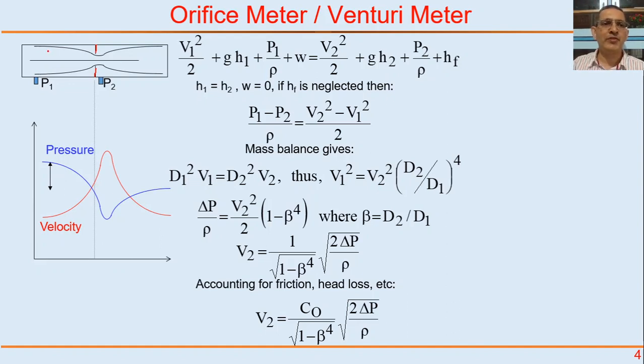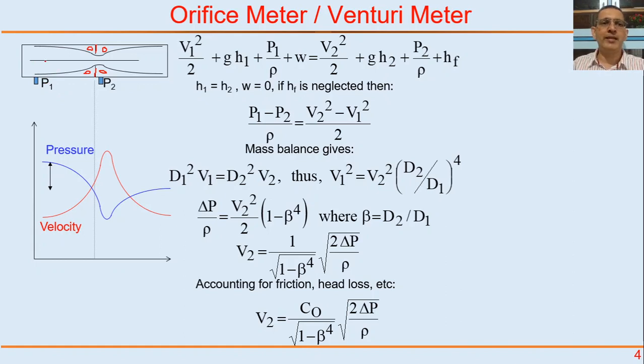And the streamlines become like this, and these vortices are formed here, and those rotating packets of fluid, vortices, cause pressure drop. And what we measure is the pressure difference between somewhere here and just downstream of the orifice. That's called the differential pressure across the orifice.